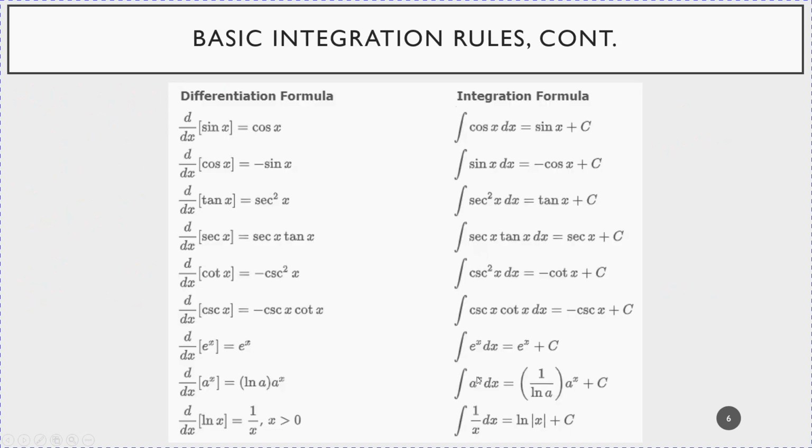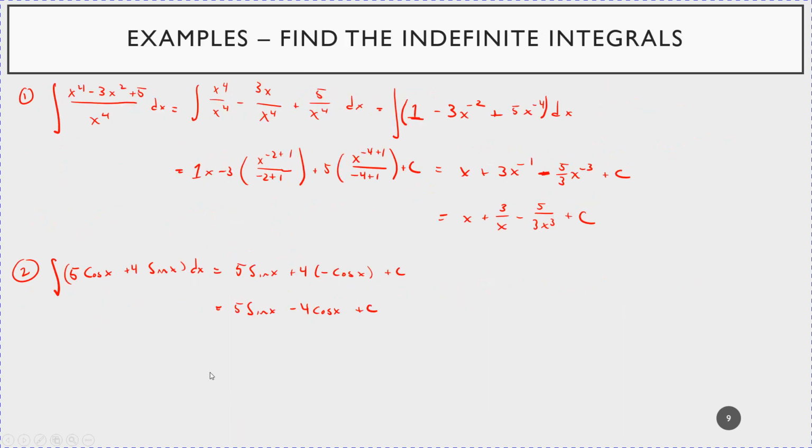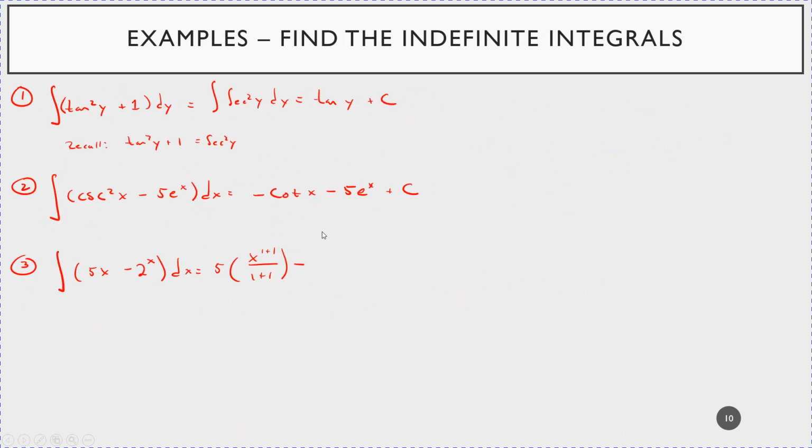That's the integral of a to the x right here. So that's going to integrate as 1 over the natural log of a times a to the x. Well, here my a is 2, so this integrates as 1 over the natural log of 2 times 2 to the x plus c.